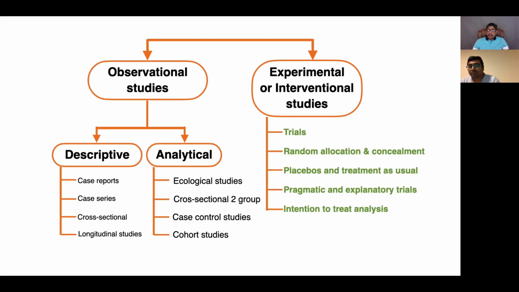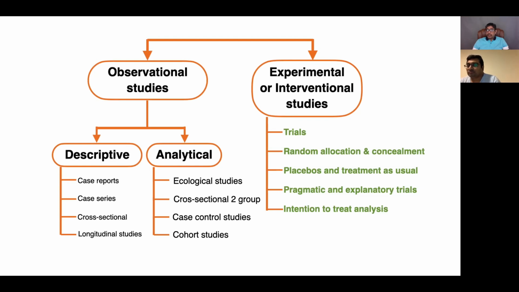Whereas experimental or intervention studies are usually conducted by a bigger institute or a company, funded by a company or an institute, where you start off with a new clinical trial. And if a clinical trial is successful, then you proceed with random allocation and concealment to see the cause and effect, to assess the magnitude of the effect. And if randomized controlled trials are successful, then you do placebo versus treatment.